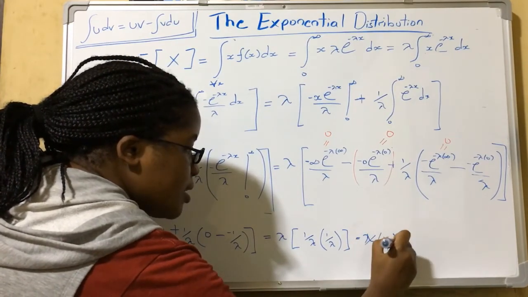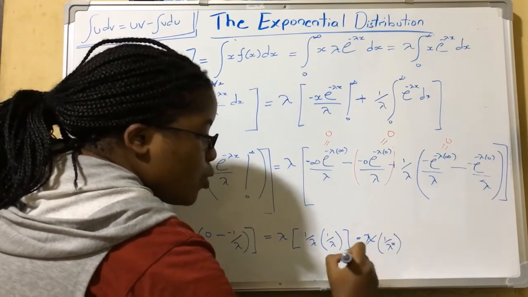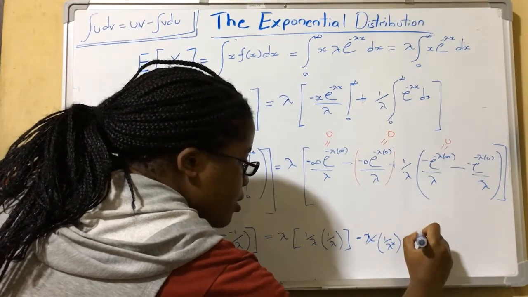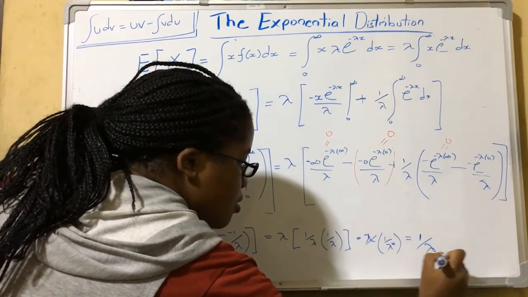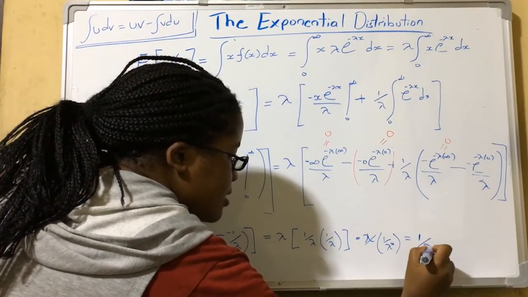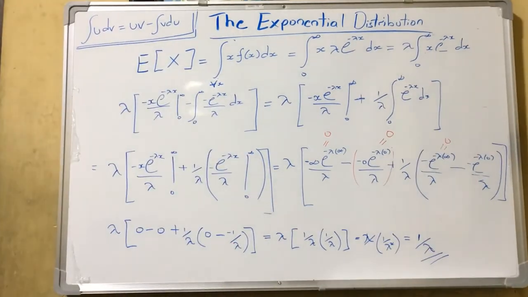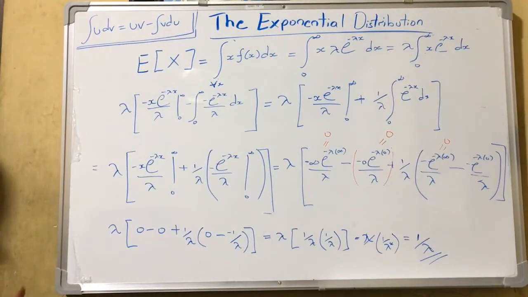And the numerator lambda can go with 1 lambda from the denominator, so that you have the result as 1 over lambda, which is as required. Therefore, the mean of the exponential distribution is given by 1 over lambda. Thank you.